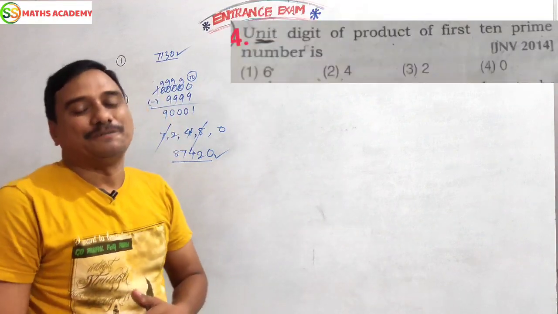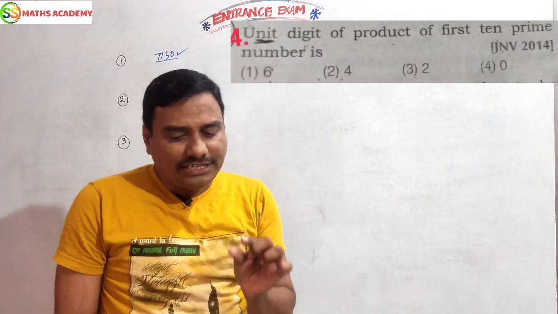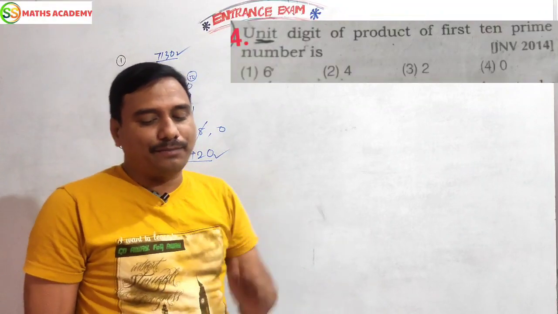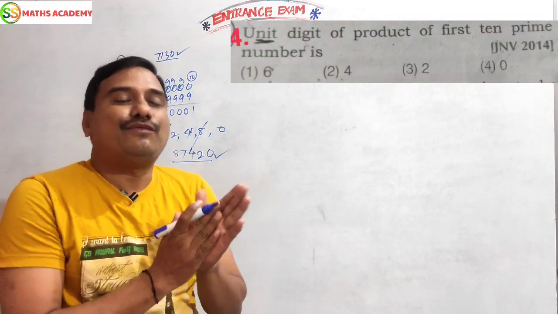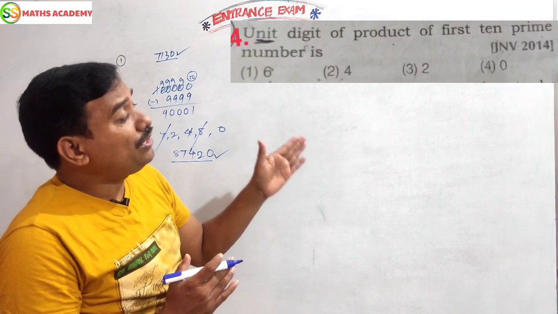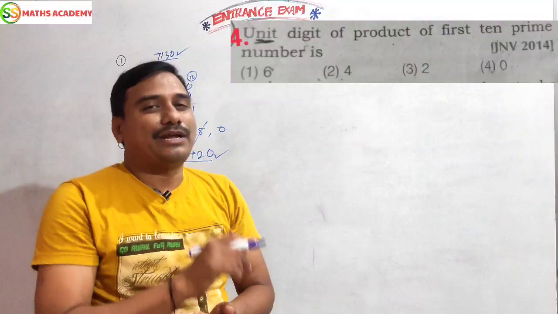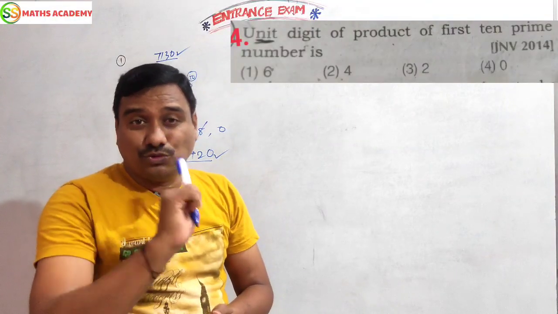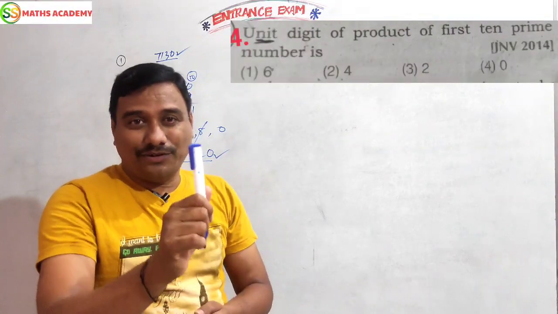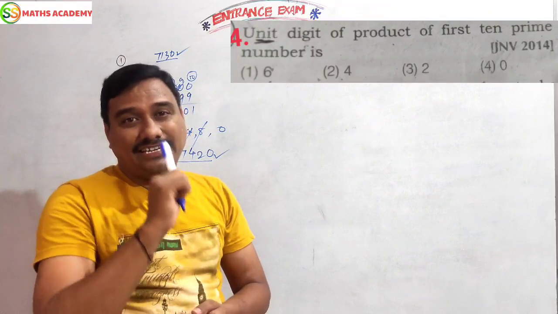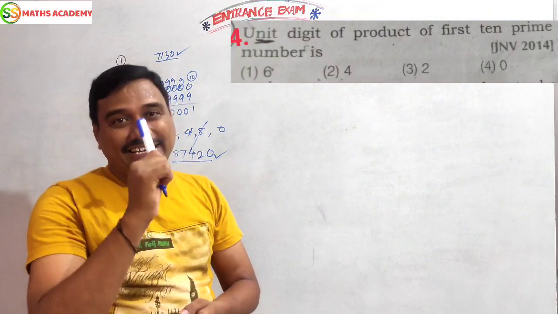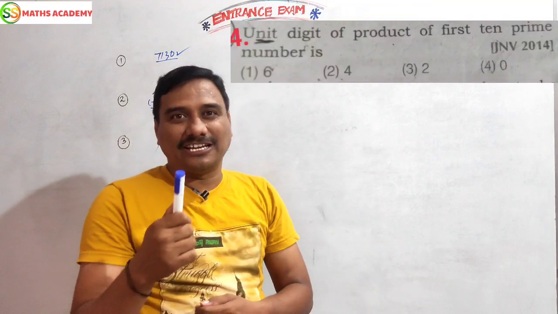Right? Now, fourth question: the unit digit of the product of the first 10 prime numbers. What is the unit digit of the product of the first 10 prime numbers? Simple. But what are the prime numbers? 2, 3, 5, 7, 11, 13, 17, 19, 23, 29 are the prime numbers.